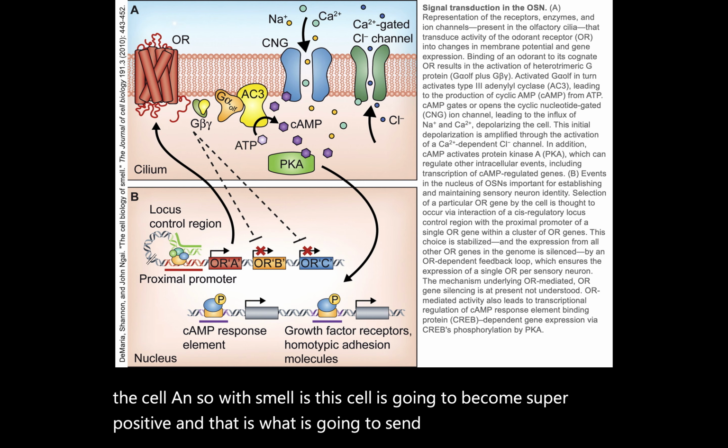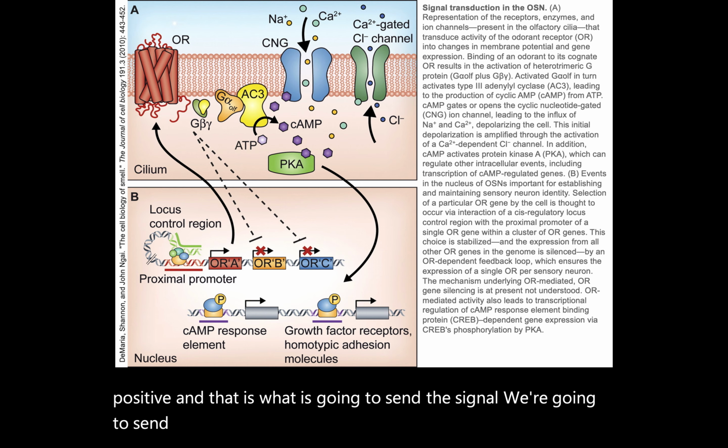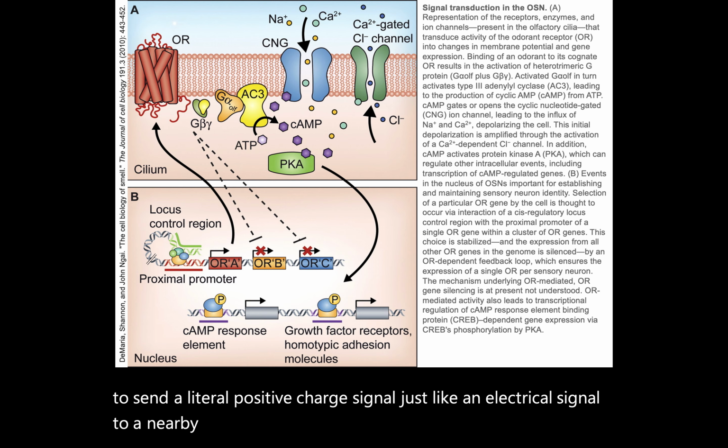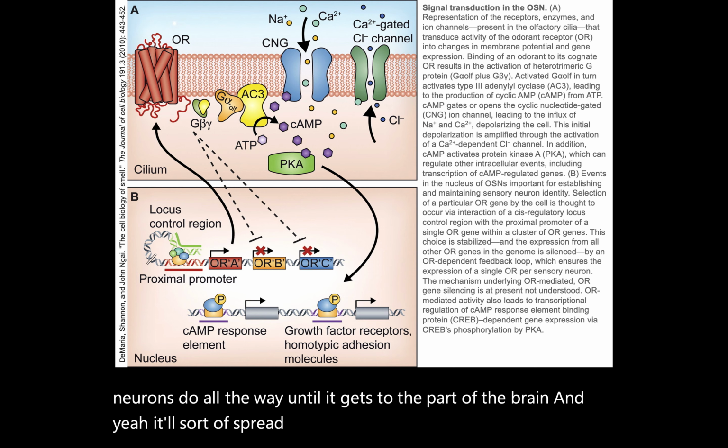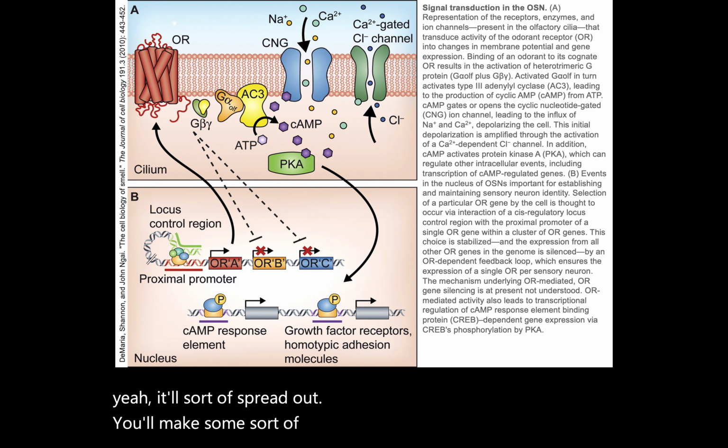We're going to send a literal positive charge signal, just like an electrical signal, to a nearby neuron, which is then going to signal the way neurons do all the way until it gets to the part of the brain. It'll sort of spread out. You'll make some sort of decision, and then there we go.